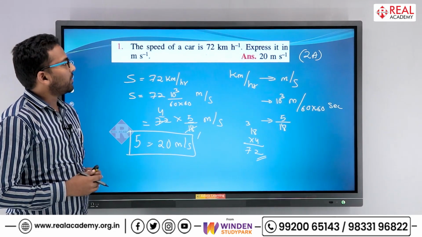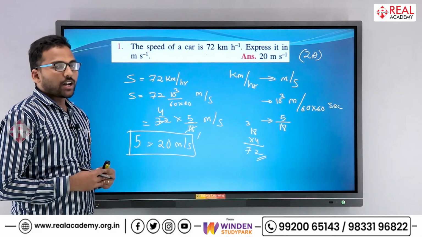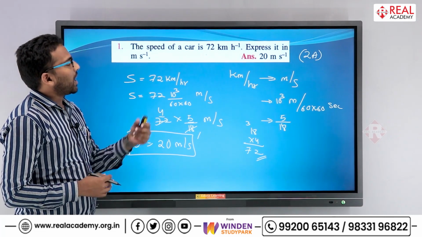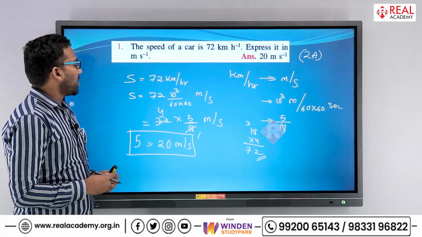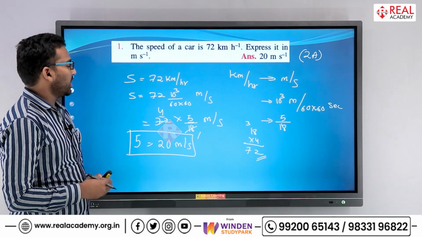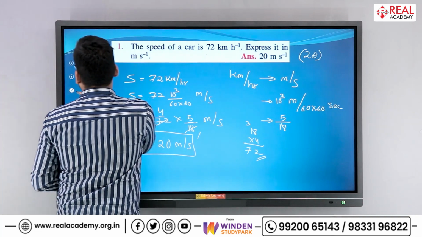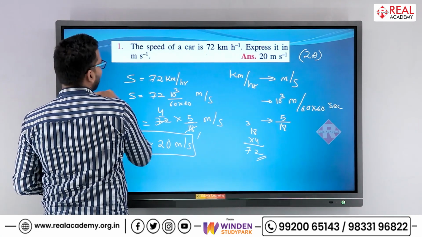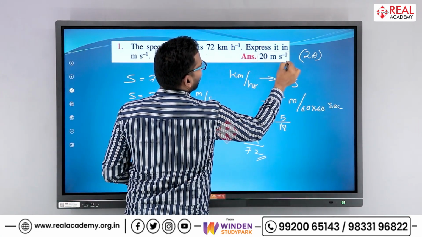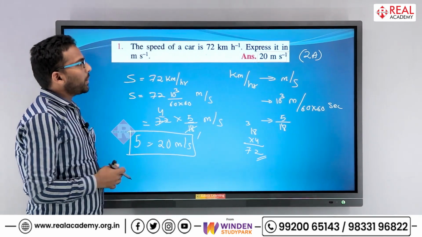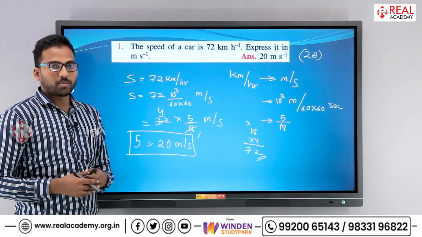So the speed of a car which is 72 km per hour, we have expressed it in meter per second, that comes out to be 20 meter per second. See, we have already mentioned here the answer for this as well, so that we can cross check with it. Okay. So answer is 20 meter per second.